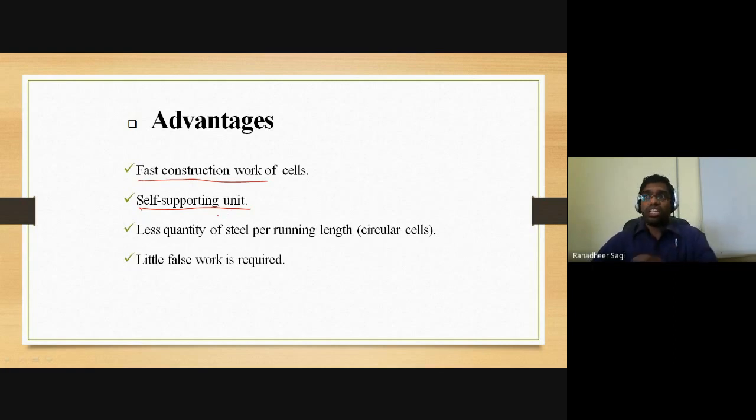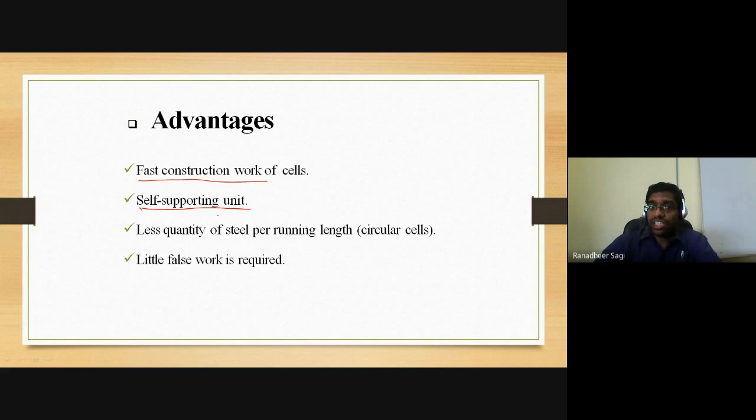You don't require any structural stability constructions additionally to be taken up. Okay, so why do we say they are self-supporting? Because you are filling the empty space in between the cells with aggregate materials, which can give relative stability to the cells you are going to be constructing there.